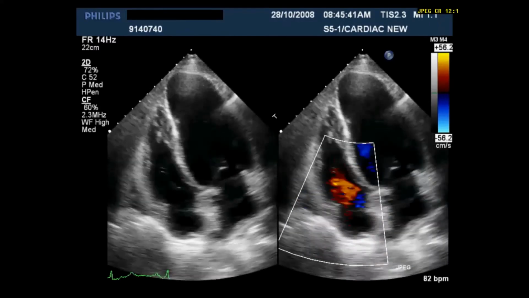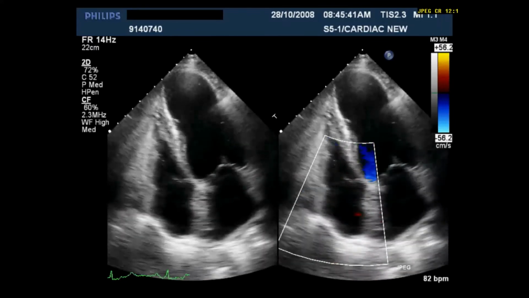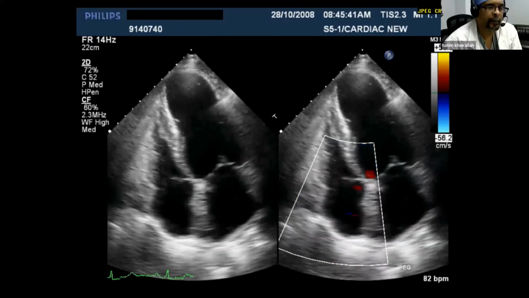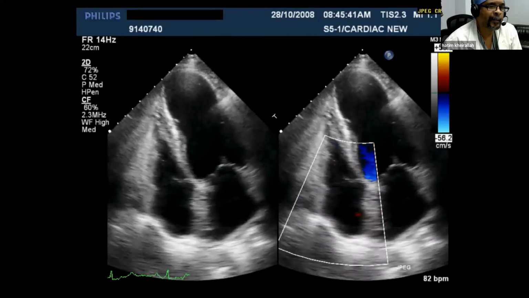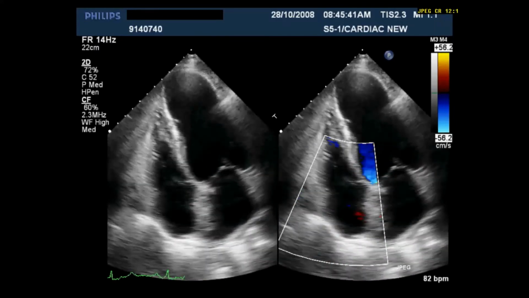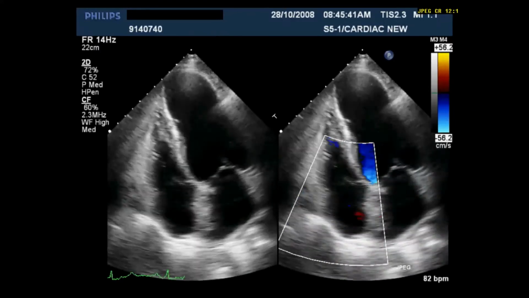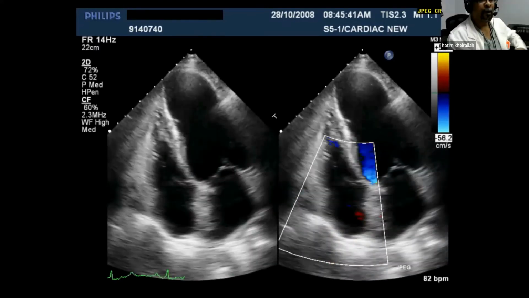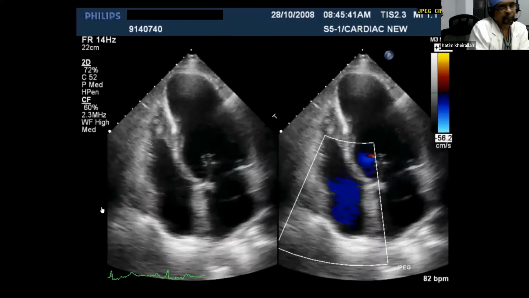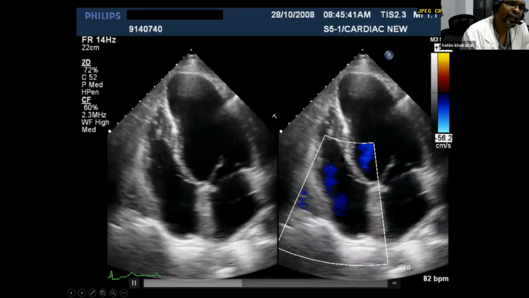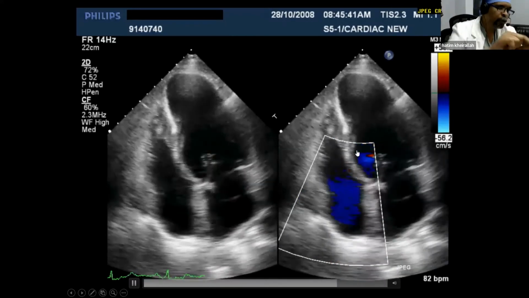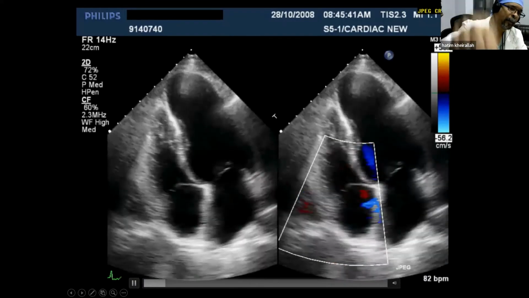It is an apical four-chamber view with color and without color, showing aneurysmal apex. Very good. I think that's the full description of it. Now, when you have the same image duplicated with and without color, which button in the echo are you gonna press on?